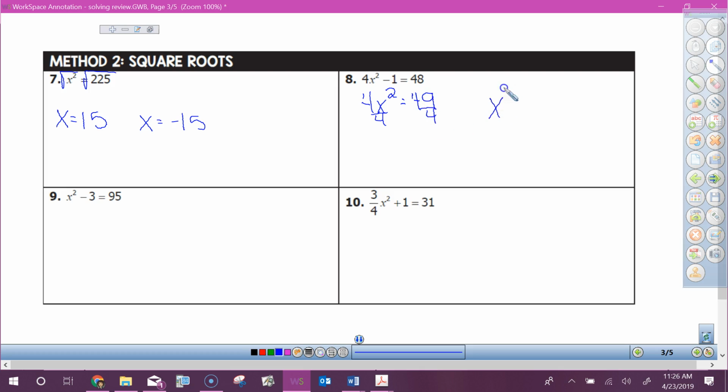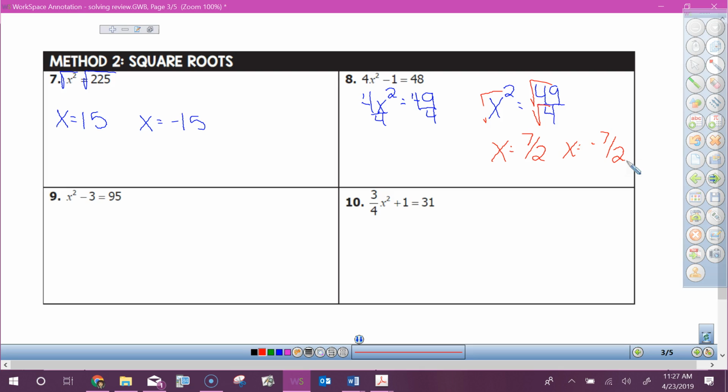Yeah, so we're going to leave it as a fraction because if they're perfect squares, I can take the square root of both the top and the bottom. So x equals 7/2 and x equals negative 7/2. Okay, not so bad, right?